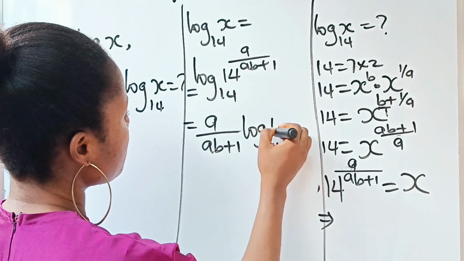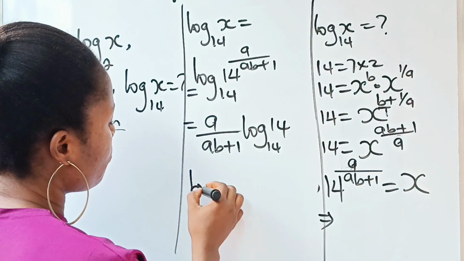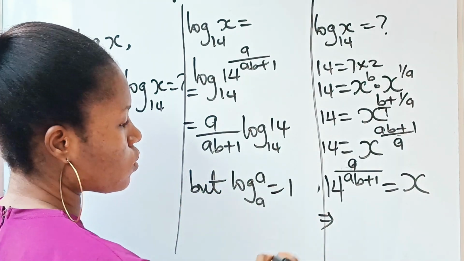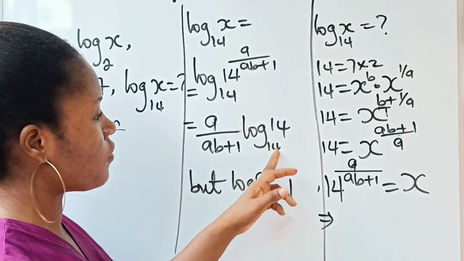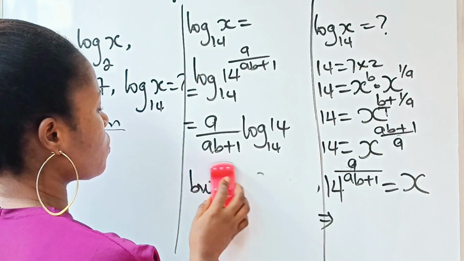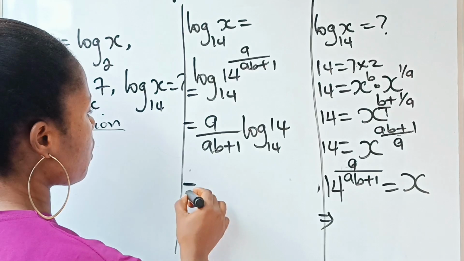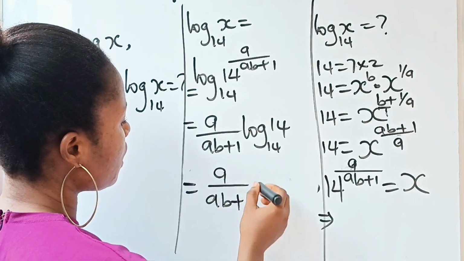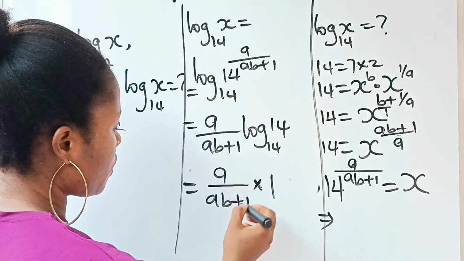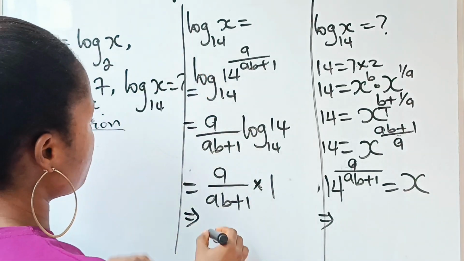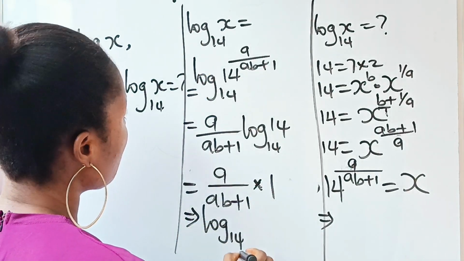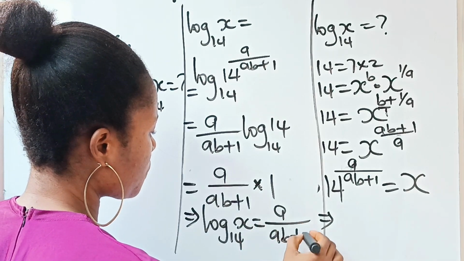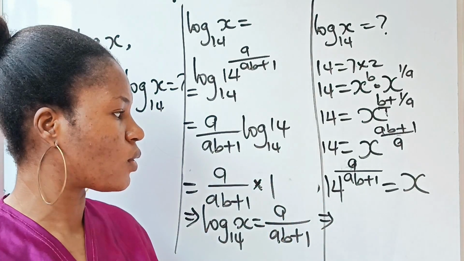Log to base 14 of what? 14. But log to base a of a is equal to 1. So that means log to base 14 of 14 is equal to 1. So this is equal to what? A over ab plus 1 times 1, which still gives us that log to base 14 of x is equal to a over ab plus 1, just like we found using the other method.